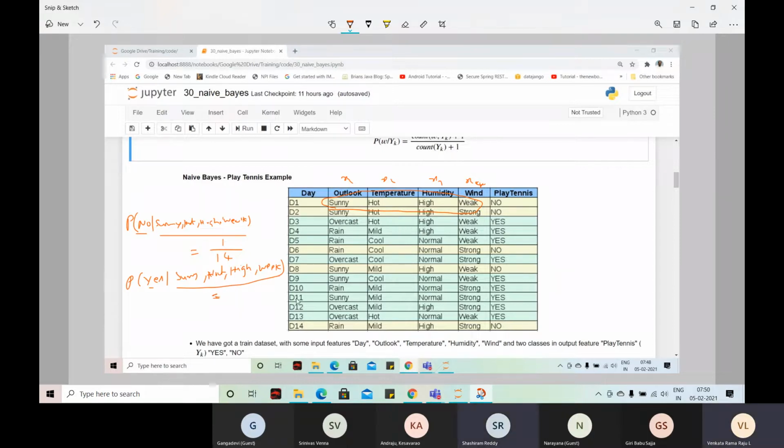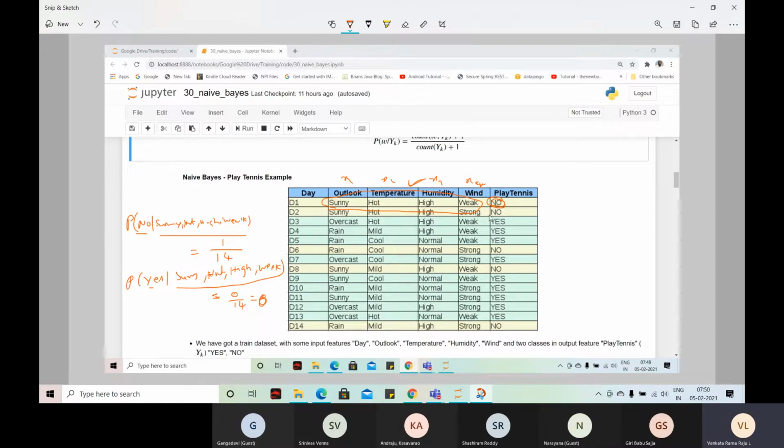Do you have the same combination? It should be 0, 0 by 14. It is just the count, right? How many times is it no when this combination is present in the train set? This is the problem.